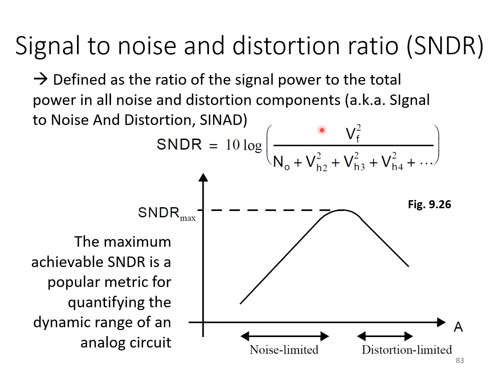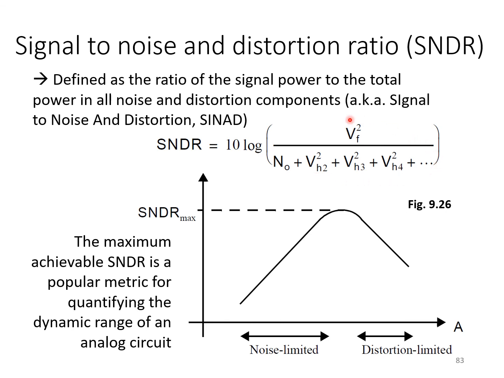Now, signal-to-noise and distortion ratio simply adds to the noise power the power of all the harmonics. And we would expect in a single-ended circuit this term to be dominant, in a fully differential circuit this term to be dominant. But for generality here, we're just showing all the terms. So what you see is kind of a combination of signal-to-noise ratio and THD over here.